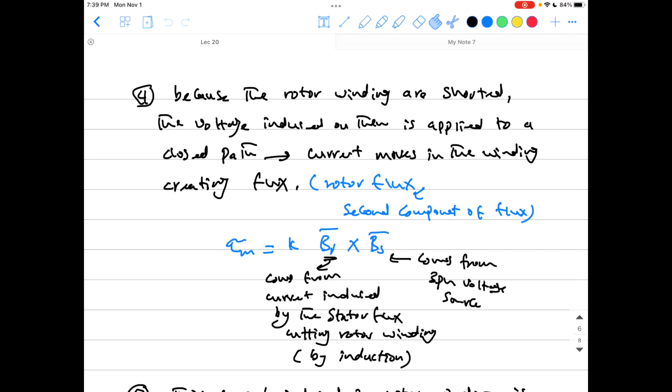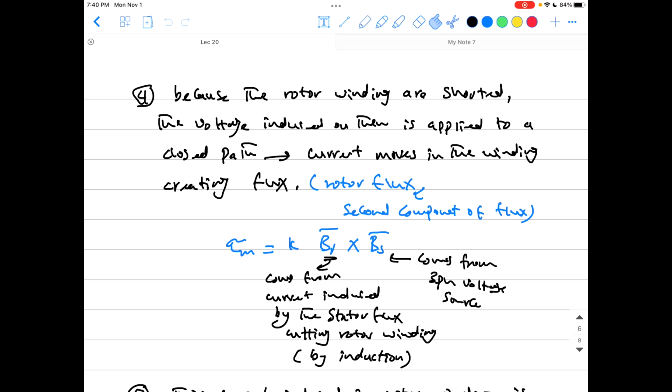So you have current moving into the winding, creating a magnetic field, and that's the component of flux in the rotor, because like we said, we need a stator field and a rotor field. The combination of them will create the electromagnetic torque, which is the torque of the machine you want to create.